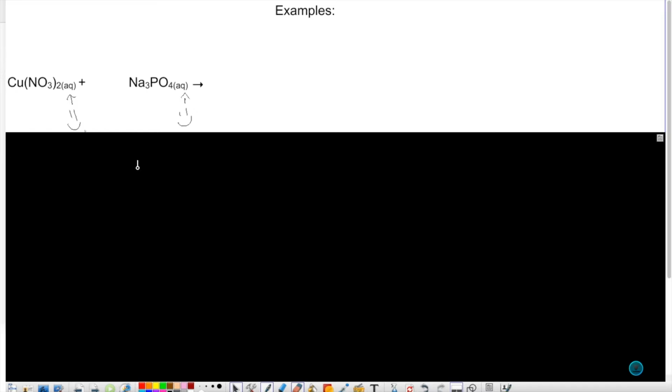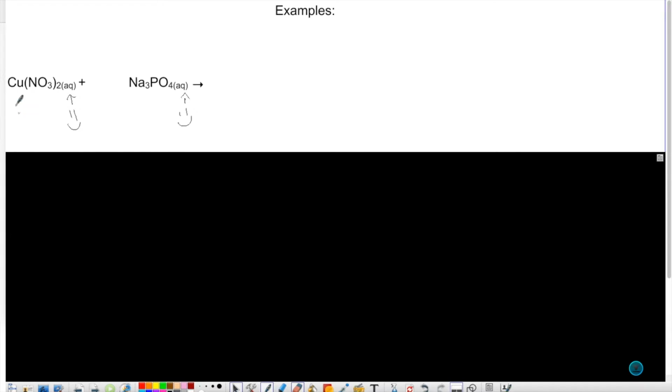You might have to look those up because if they're both solids, nothing happens, right? Now, unlike the single displacement reactions, for the double displacement reactions, you actually have to know what the products are. Do you have to know the formulas? Why, no. No, you don't.